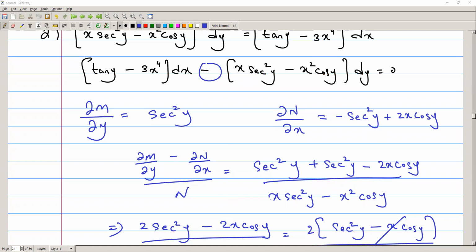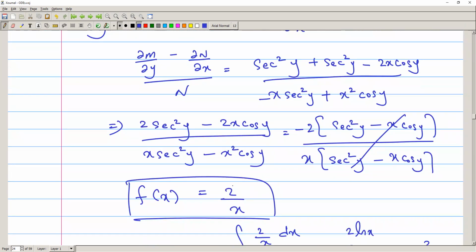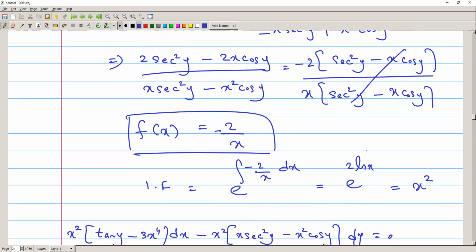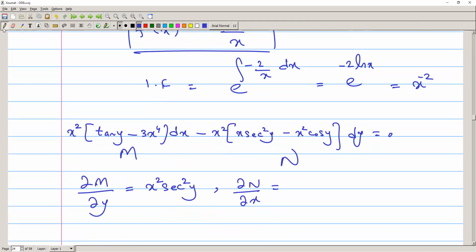There is a minor mistake again, because here it's a negative sign, so it will be negative and this will be positive, so we will get negative 2 over x. So negative 2, which means x to the power negative 2, which means this is 1 over x squared, not x squared. So this is 1 over x squared and this is 1 over x squared.